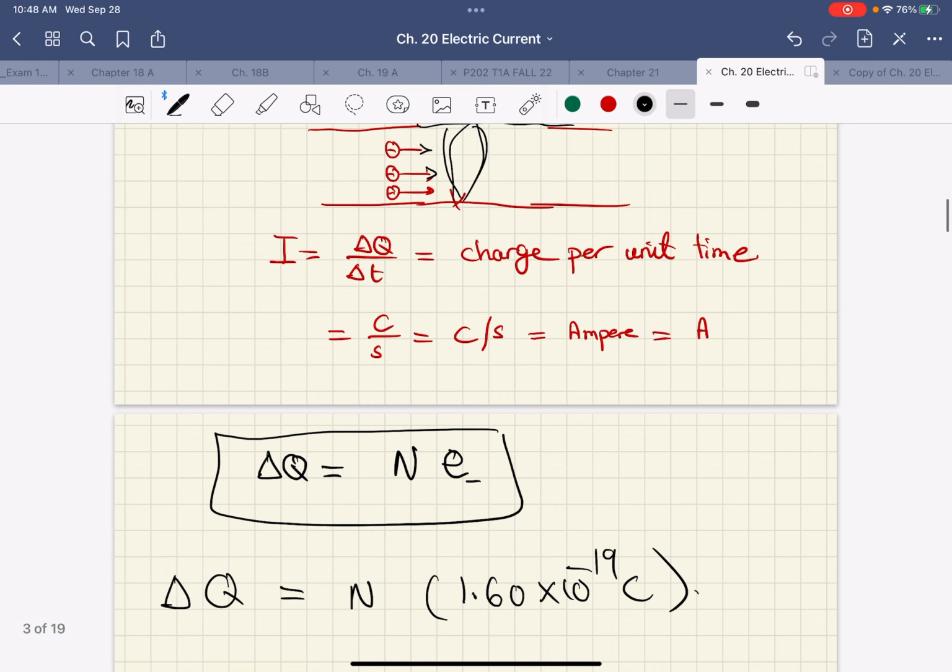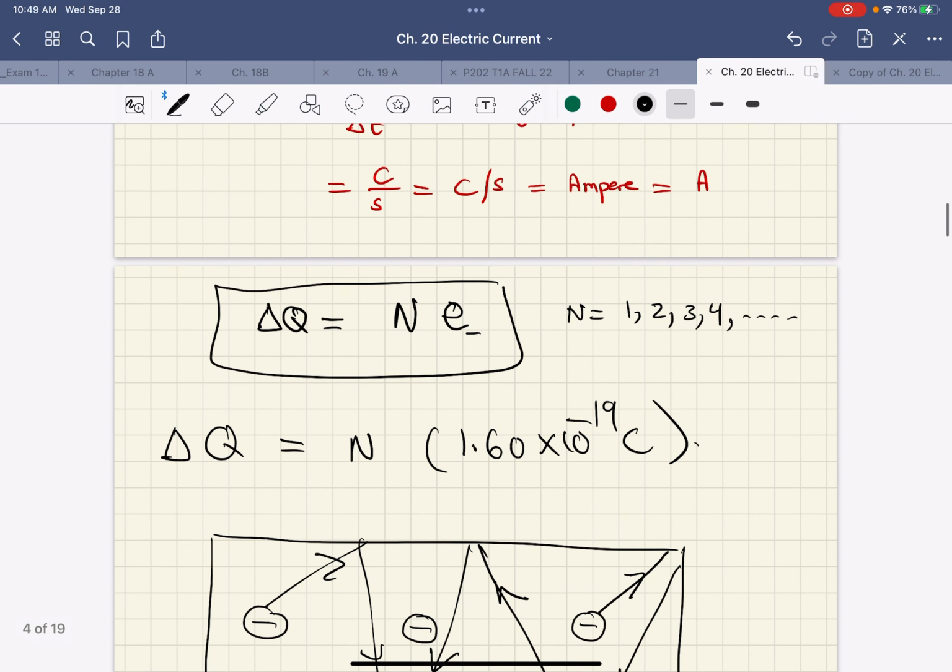Now remember the charge, we did that in the previous chapter. We said any charge is going to be a multiple of the electronic charge, and here N can be 1 or 2 or 3 or 4, because remember the smallest charge that we have in nature is the electronic charge, and then I might have 2 of that, 3 of that, 4 of that, positive or negative.